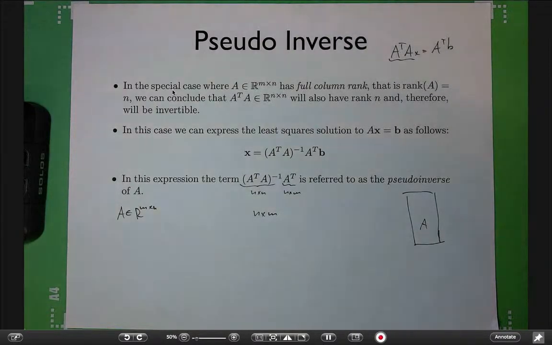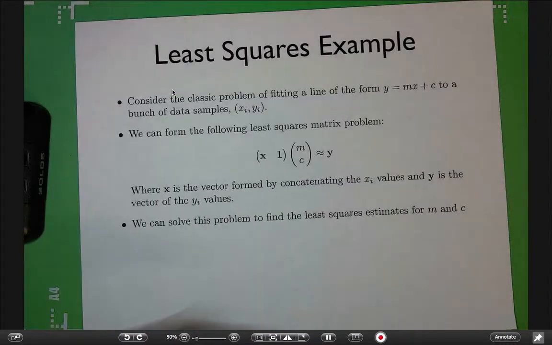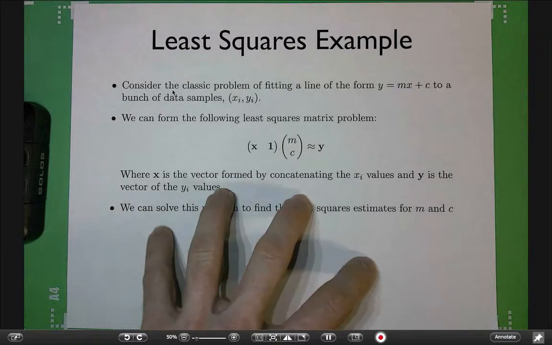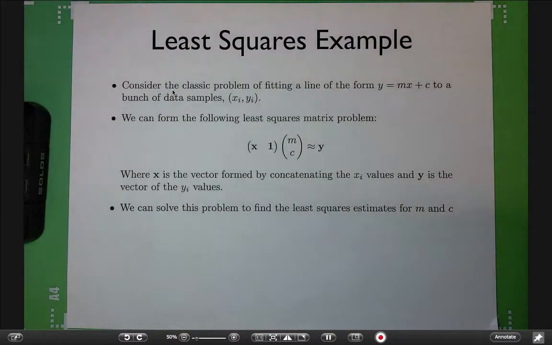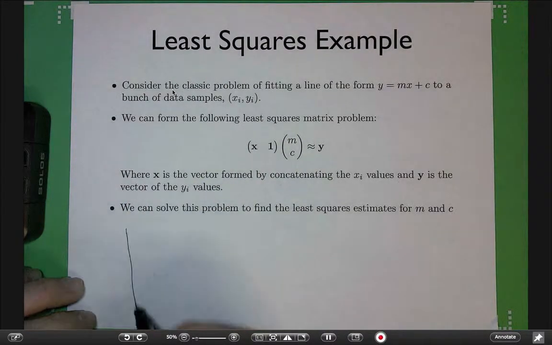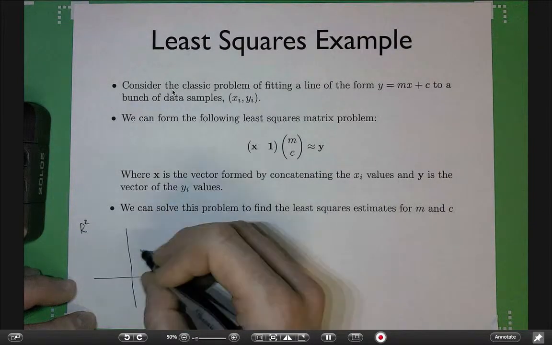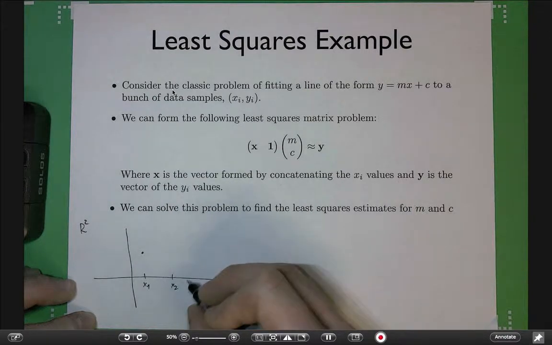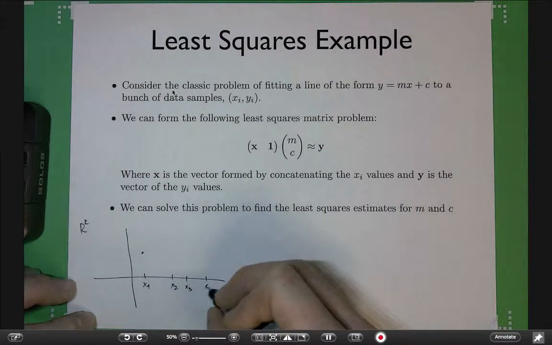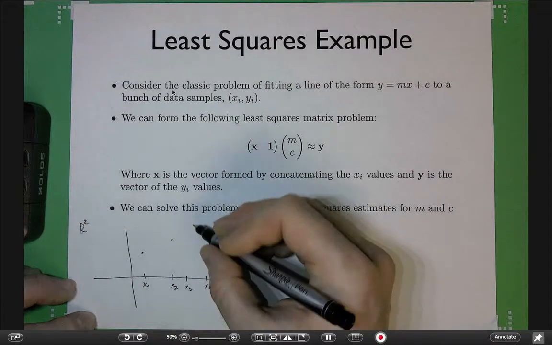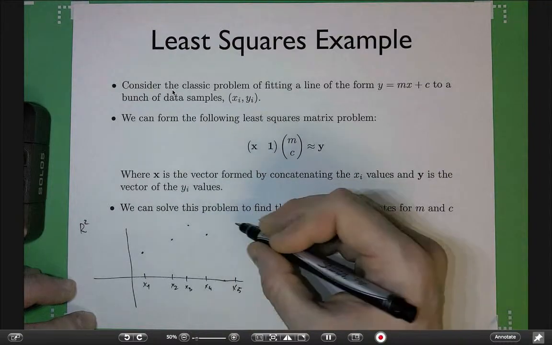So let's look at some simple examples of least squares. Least squares is super useful. Here is a very basic, very simple example. Let's imagine I give you, in R2, a bunch of measurements, a bunch of points x1, x2, x3, arbitrarily distributed, it doesn't matter, x5, and I have some y values for each of them.